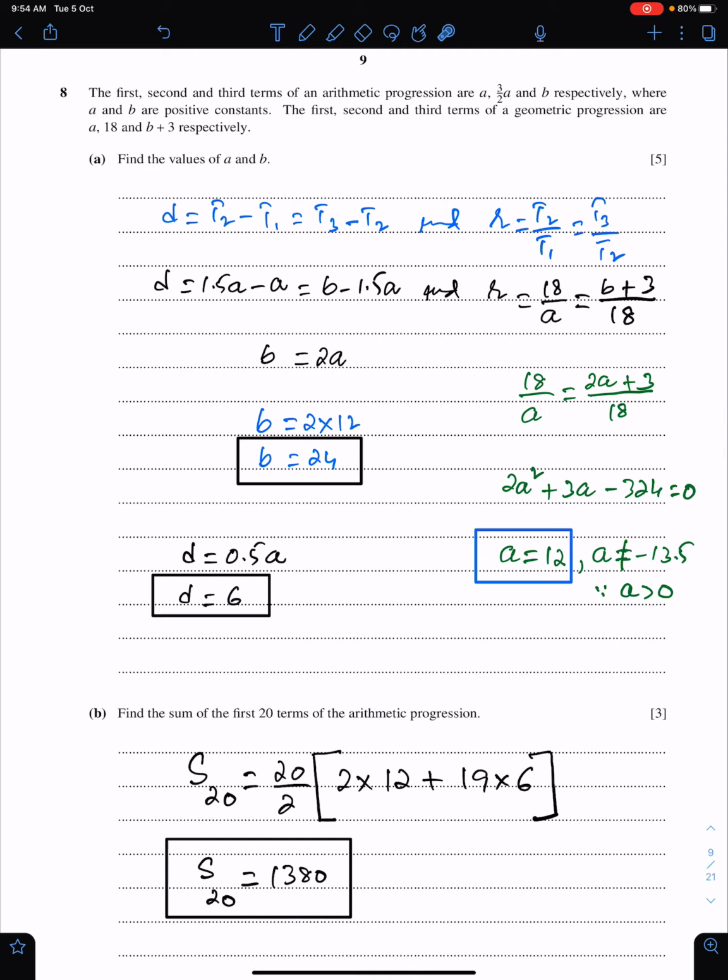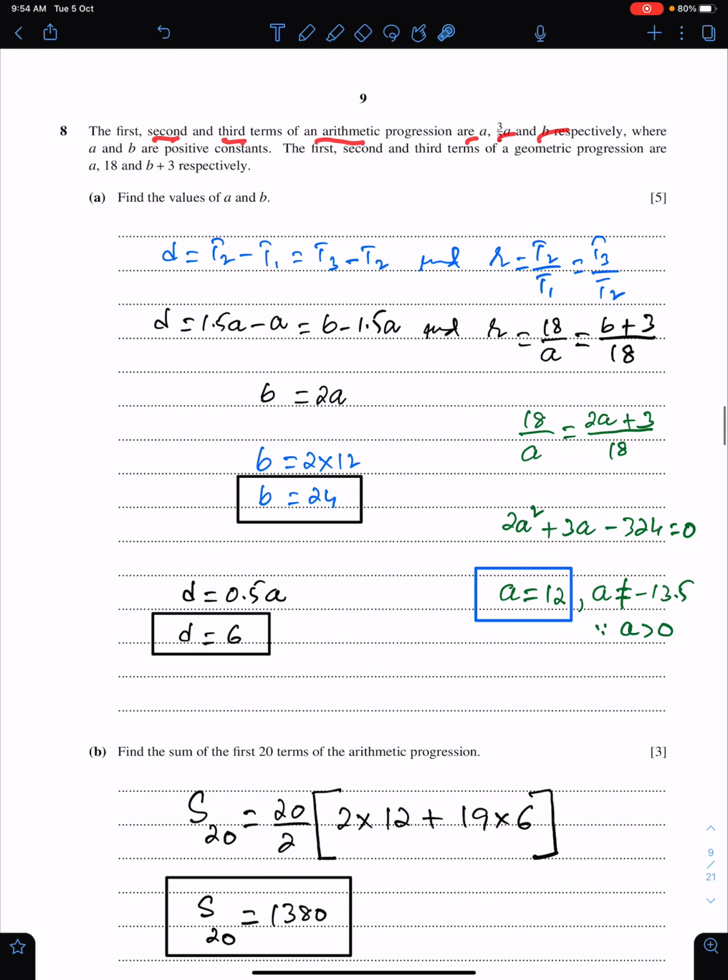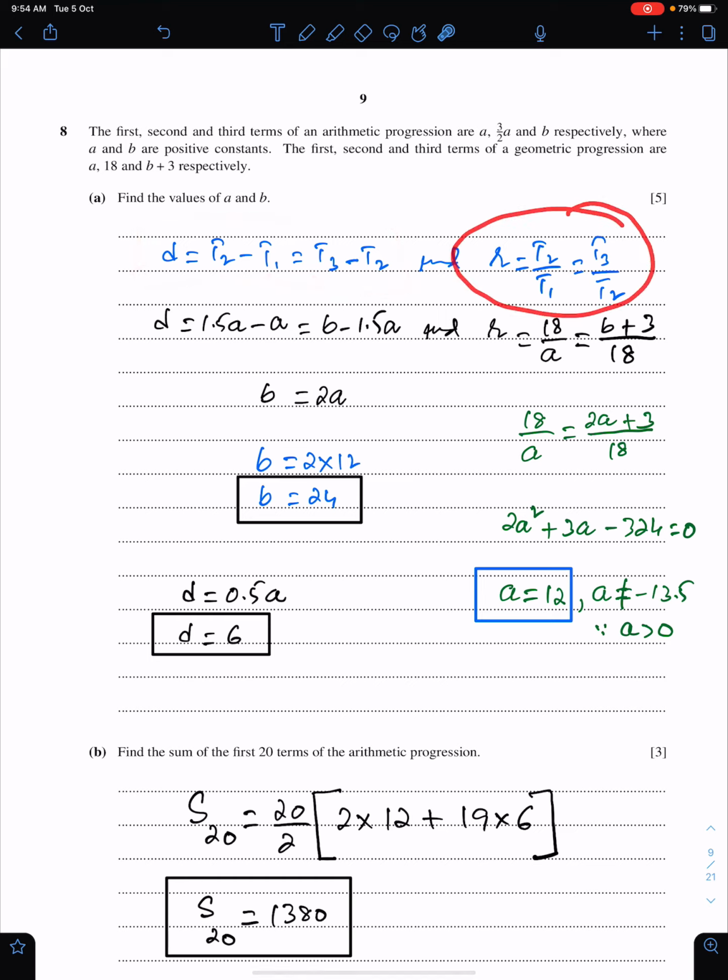Now question number 8. The first, second and third terms of an AP are given. So listen, whenever 3 consecutive terms of an AP are given, always remember this formula: T2 minus T1 equals T3 minus T2, which is d. And this is the formula for 3 consecutive terms of a GP.